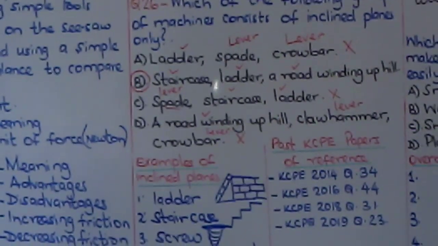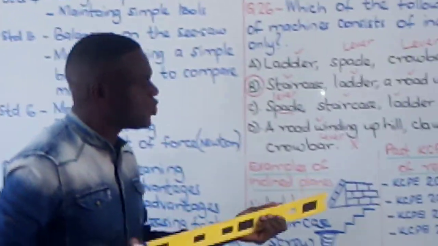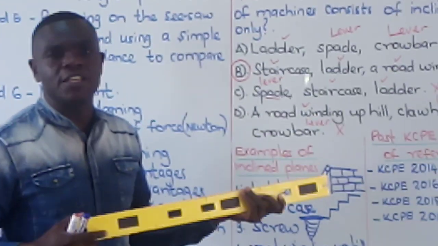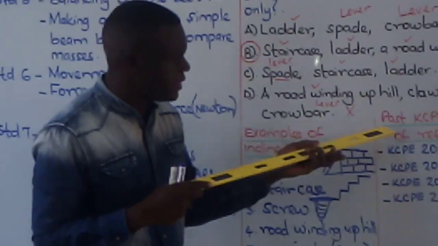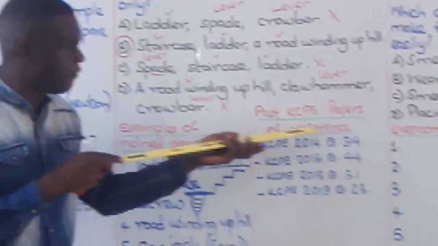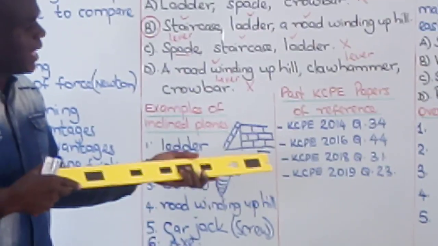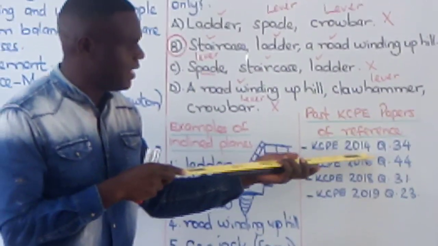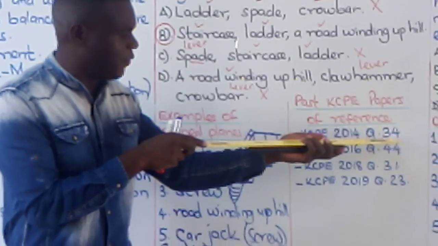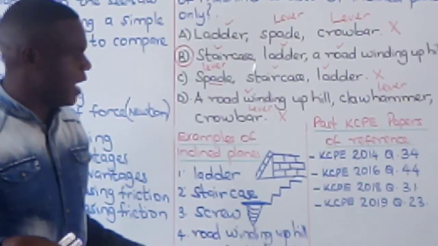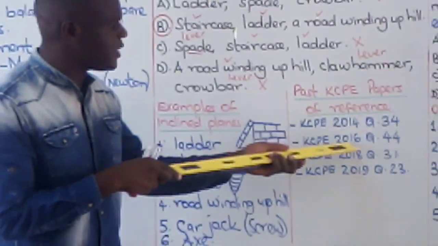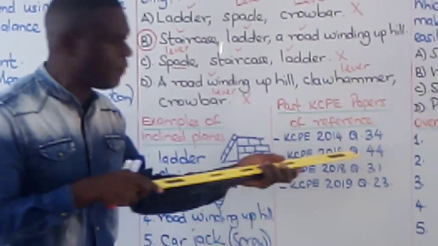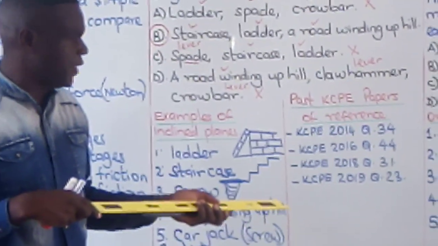Boys and girls, I have tried to check from the other KCPE papers, and I've called them past KCPE papers of reference, talking about inclined plane. KCPE 2014, question number 34 talks about inclined plane. KCPE 2016, question number 44, check out for this.